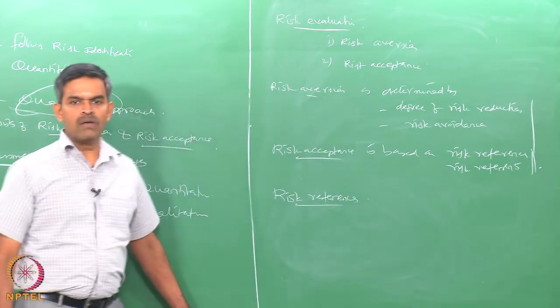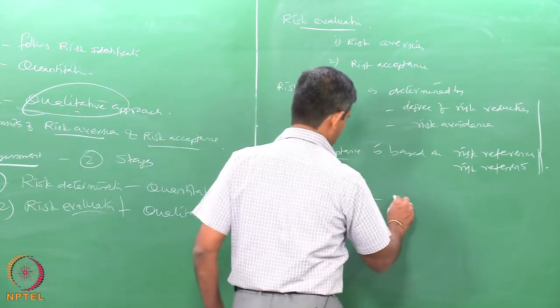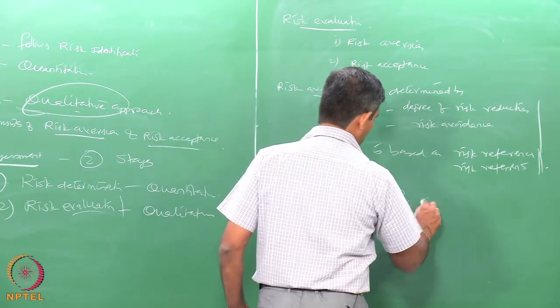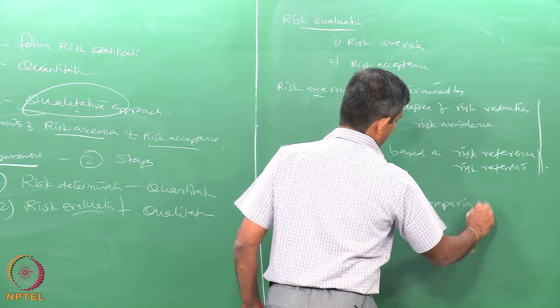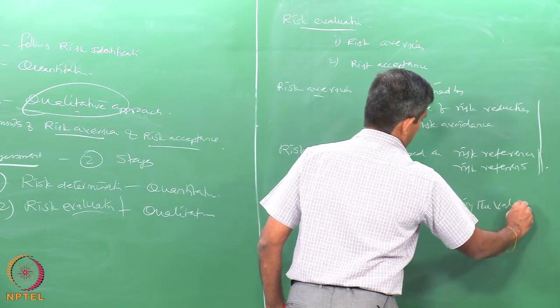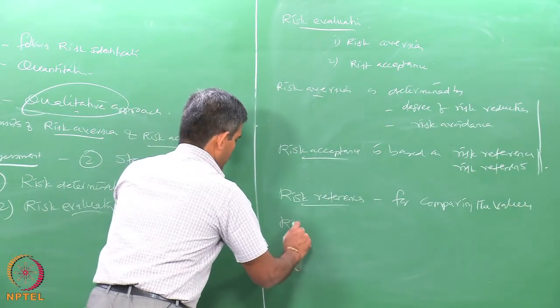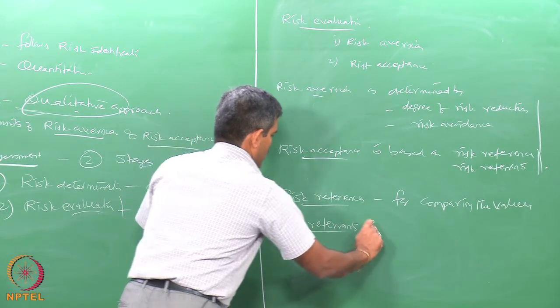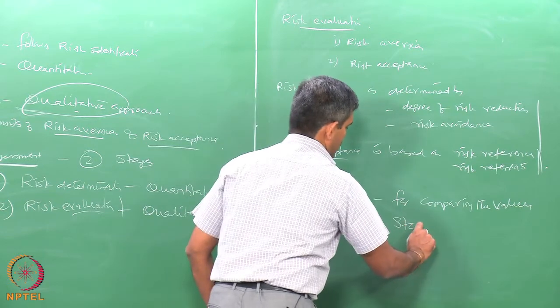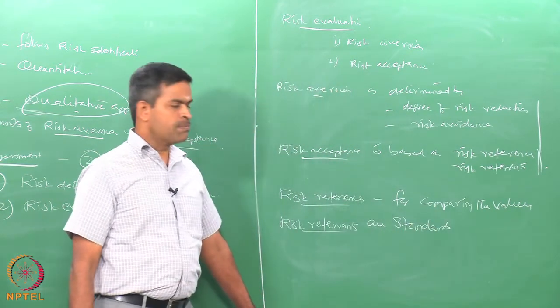Risk references are meant for comparing the values. Risk references are actually standards with which the risk parameters are compared.